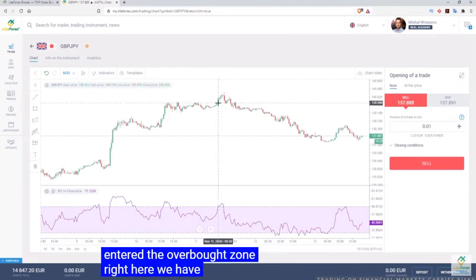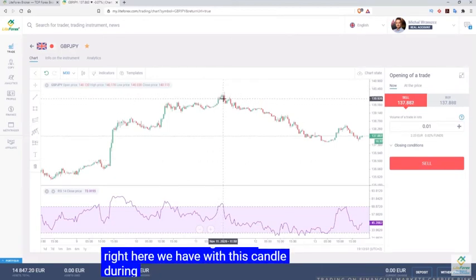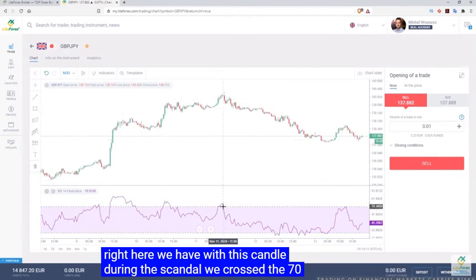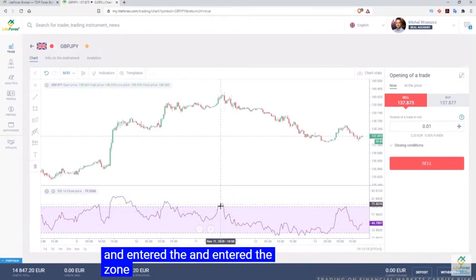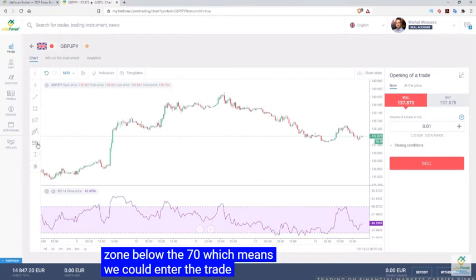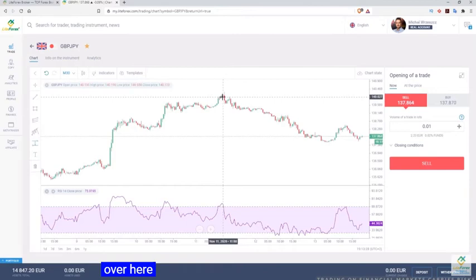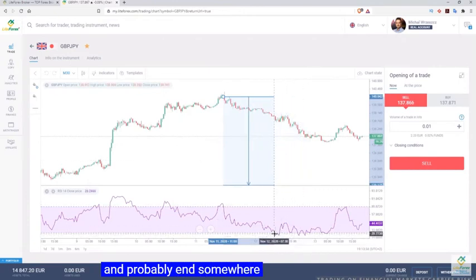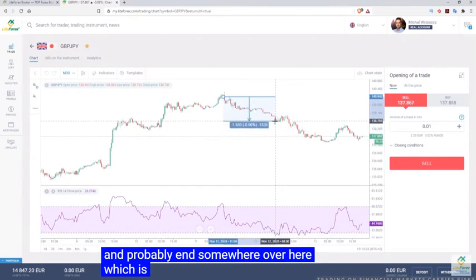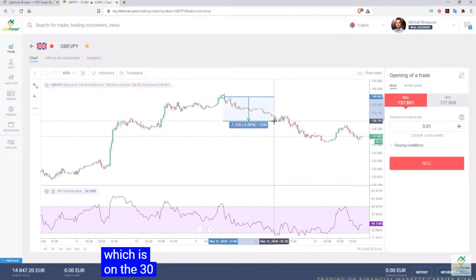Right here, during this candle, we crossed the 70% line and entered the zone below the 70%, which means we could enter the trade over here and probably end somewhere over here, which is on the 30% line.